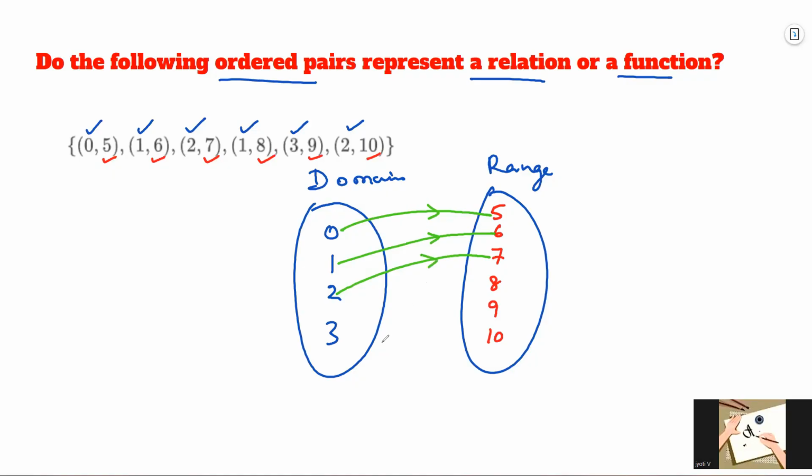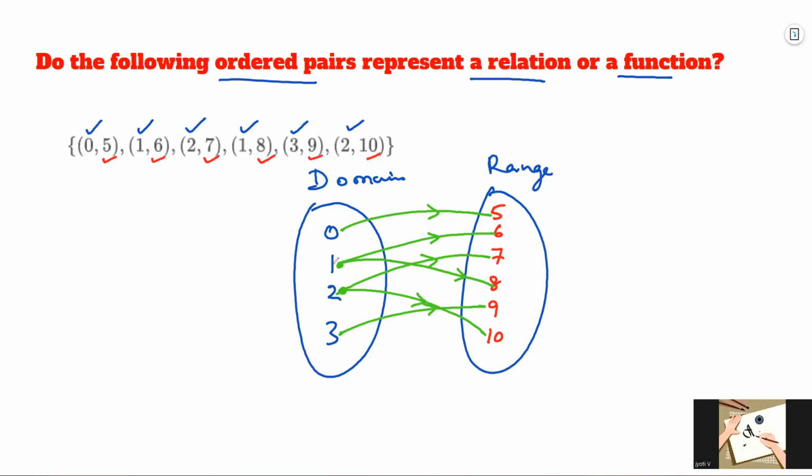All well until now. If the set of elements are up to this, then we can say that this relation is exclusively a function, because for every one element in the domain set, there is one and only one element in the range set. But now let's see 1, 8. So 1 is mapped to 6 as well as 8. 3 is mapped to 9 and 2 is mapped to 10.